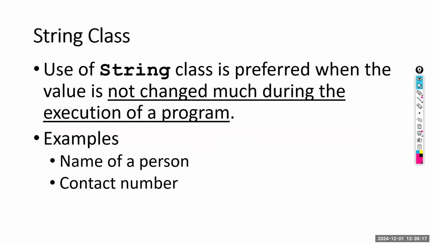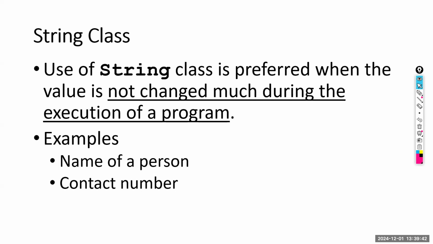Right. So let's see how to use the String class. So remember, String is a class. It's not a primitive type. Right? So therefore, if you want, you can create a string as an object. But because String is a very heavily used class, they have allowed you to create a string just like a primitive type. But it doesn't mean String is a primitive.